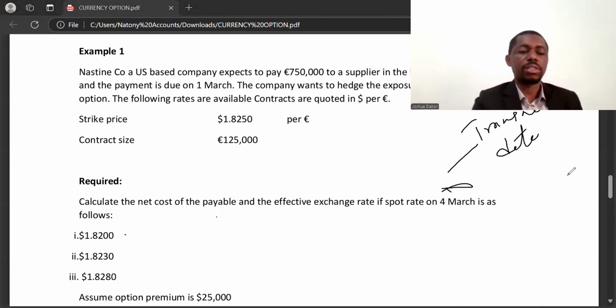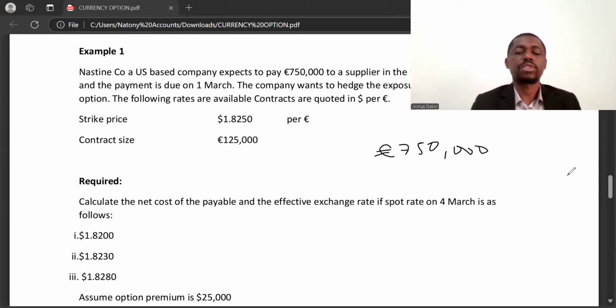So if the spot rate on the transaction date is this, should the company exercise the option from the rule I gave you? First of all, what do you want to decide? Your decision: should it be a call option or a put option? The company expects to pay 750. So will this be a put option or a call option?